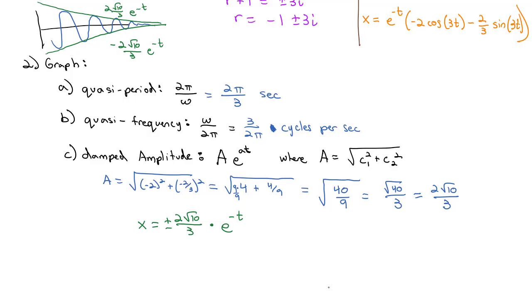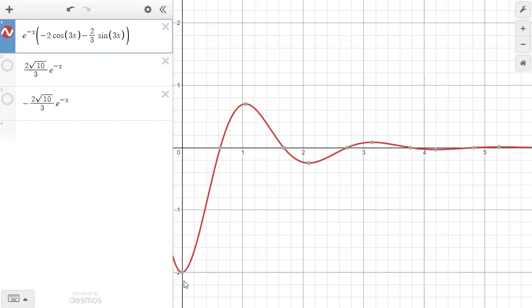Let's take a look at the graph and see what it looks like. All right, if we graph this on our Desmos calculator, we see what happens is the graph starts 2 feet above equilibrium, and remember we defined above equilibrium as a negative x. Then it's released, and since there's no initial velocity, the spring is going to initially pull it back towards equilibrium.